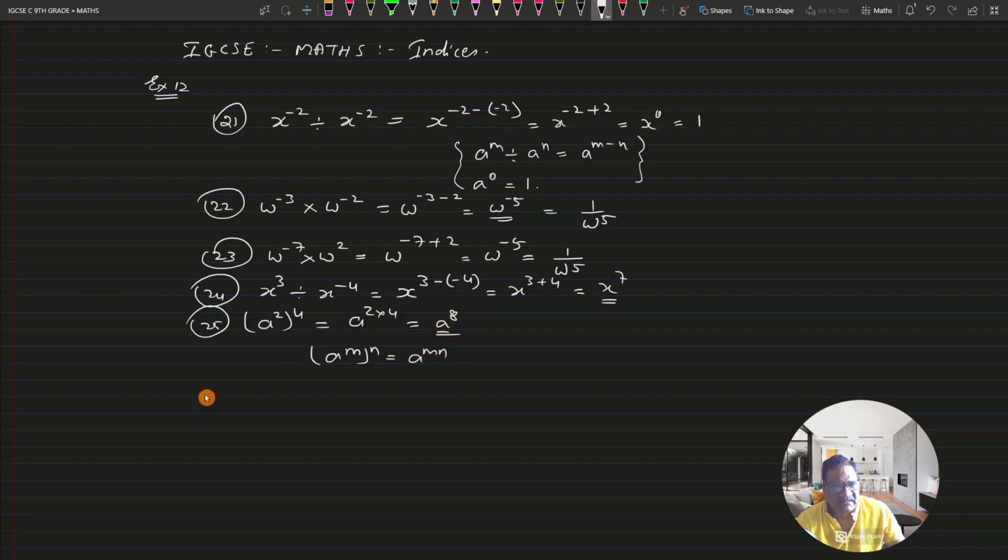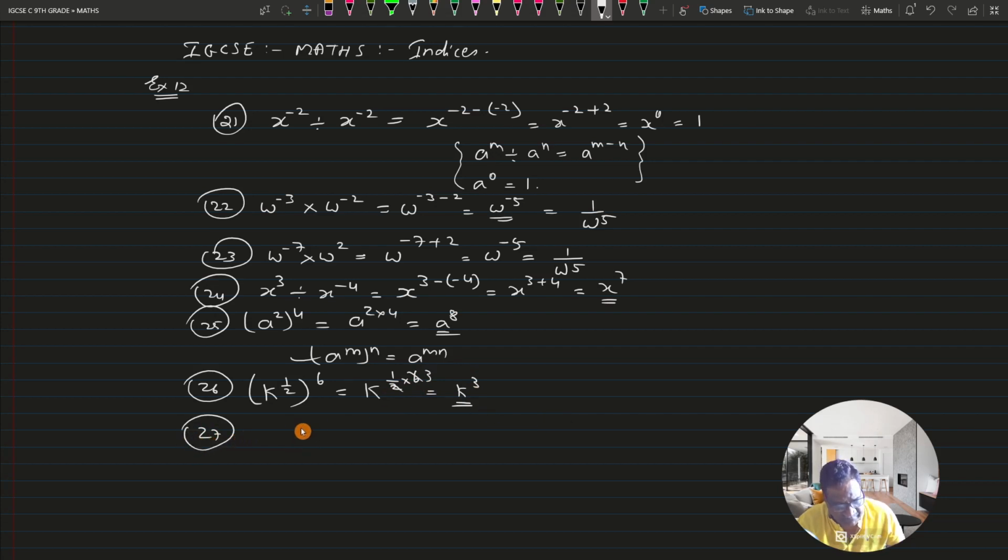Coming to 26, it says k raised to half, and the whole thing raised to 6. Again I am going to use the same law. So I can write this as k raised to half into 6, which works out to k raised to 3, since the 6 will cancel and become 3. So k raised to 3 is the answer.